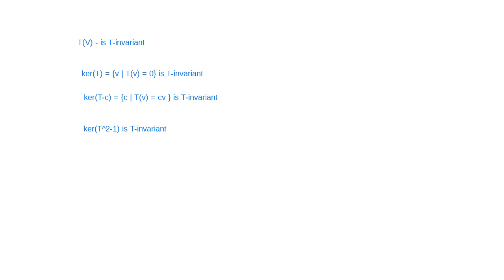Okay. So this kernel of T minus C, you can call the eigenspace corresponding to this scalar C. That's a T invariant subspace.